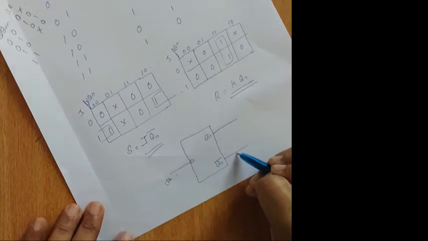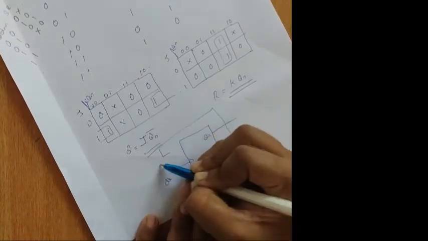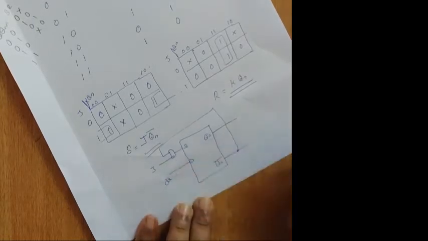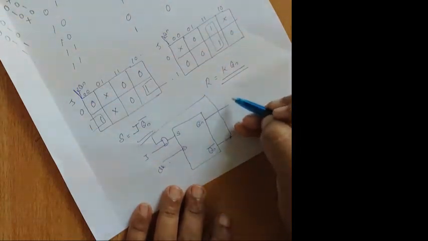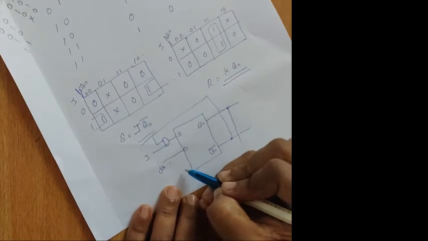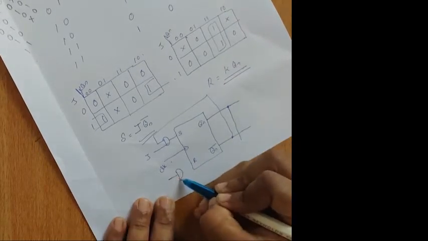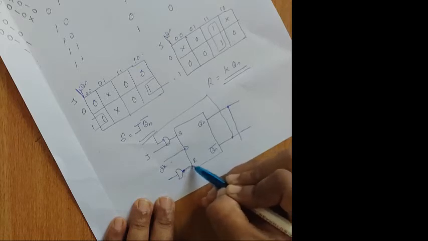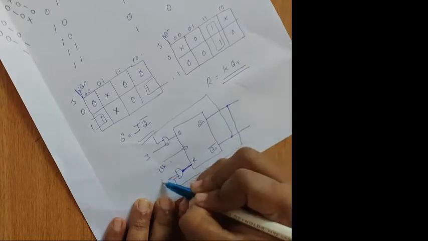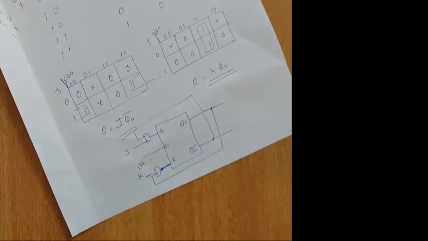So you can take a connection from here and J, and you will get S. For K Qn, use an AND gate; you get R.